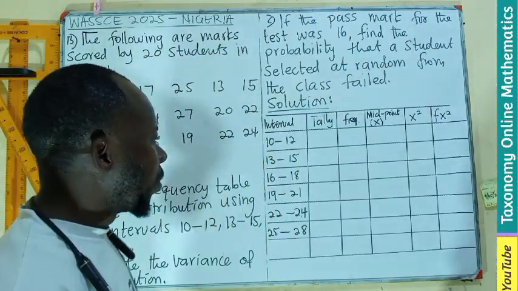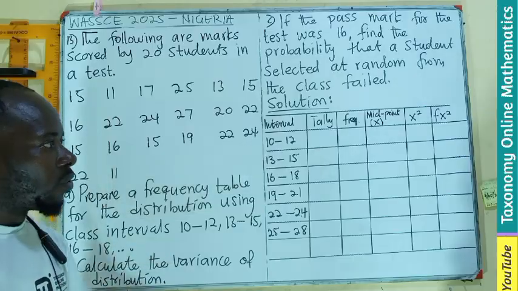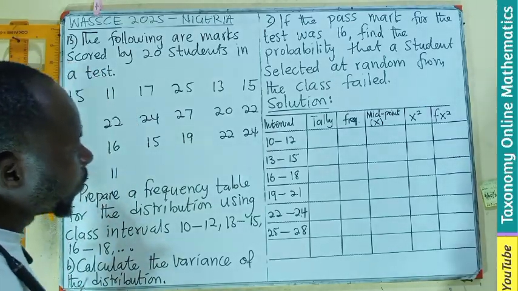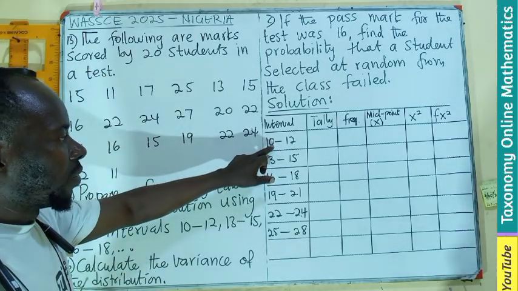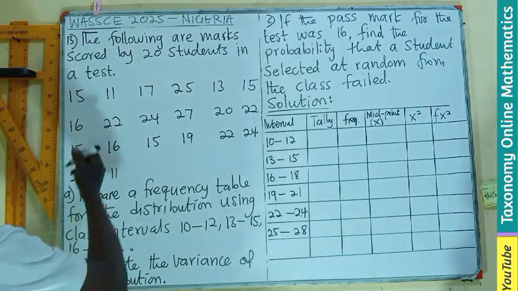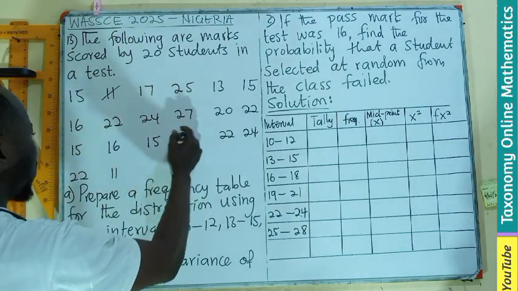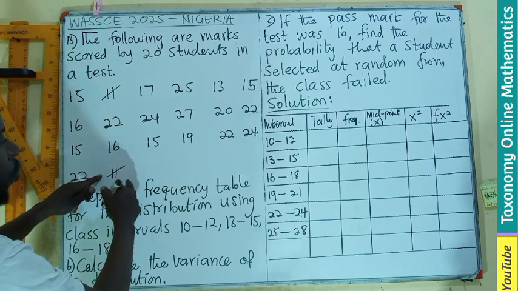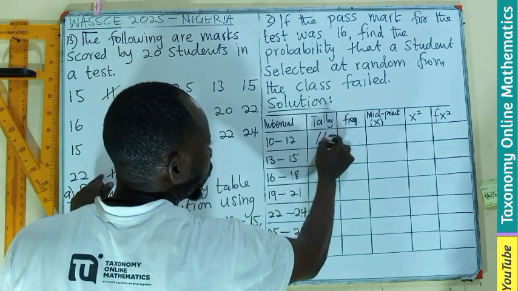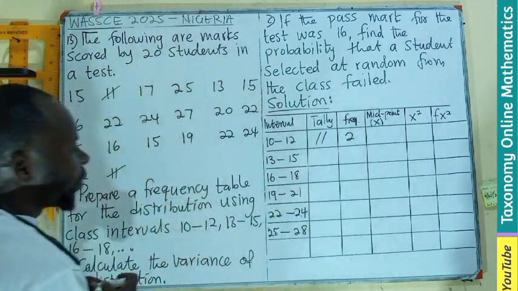Okay, so the table is constructed with these columns and rows. Let's begin by tallying from 10 to 12. We have only 2 there, so the tally is 2 and the frequency is 2.